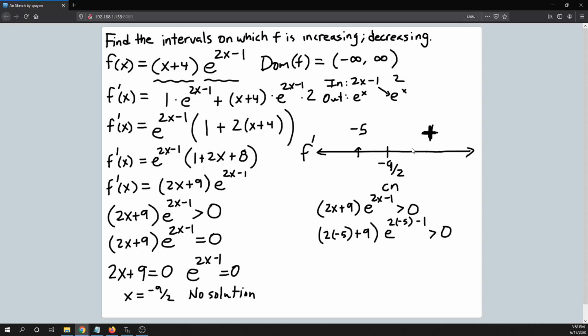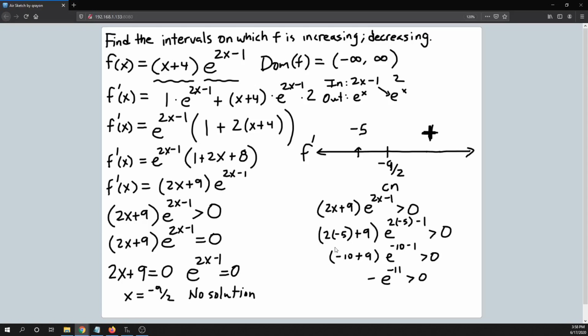Okay. And so I get over here negative 10 plus 9 e to the negative 10 minus 1. So I get negative e to the minus 11th greater than 0.